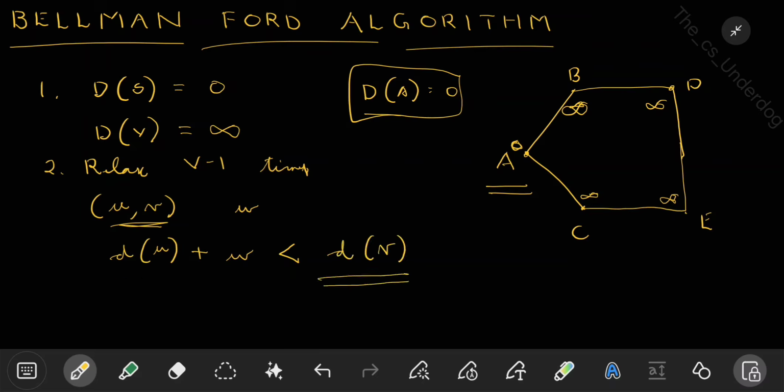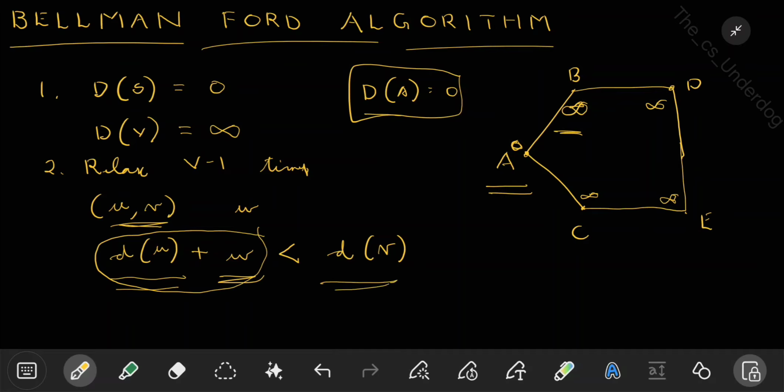Existing distance to v, as it can be infinity, it can be anything else. Whatever be the existing distance to vertex v, that is a value greater than the existing distance to u plus the weight of edge uv. This means I can make this value the new distance to v.